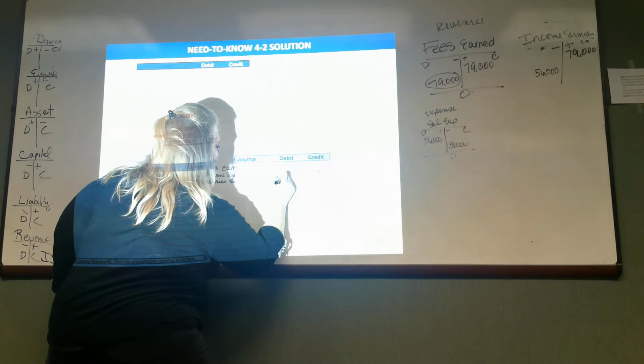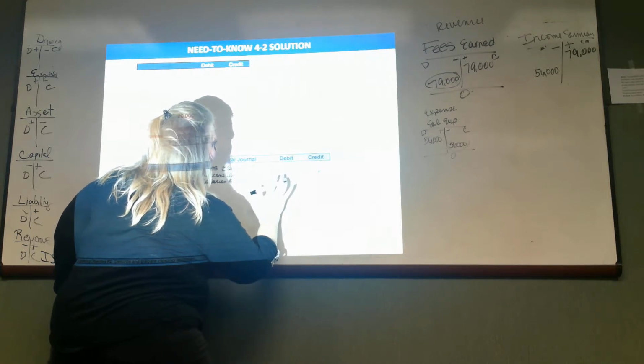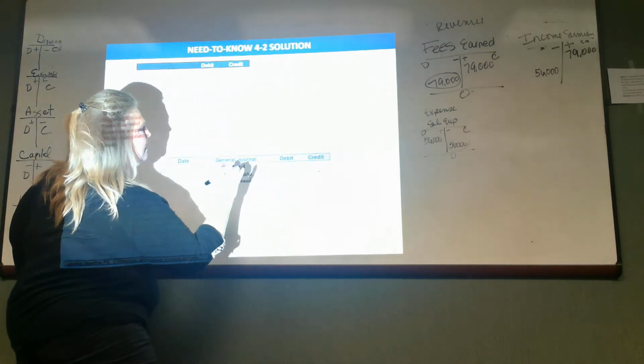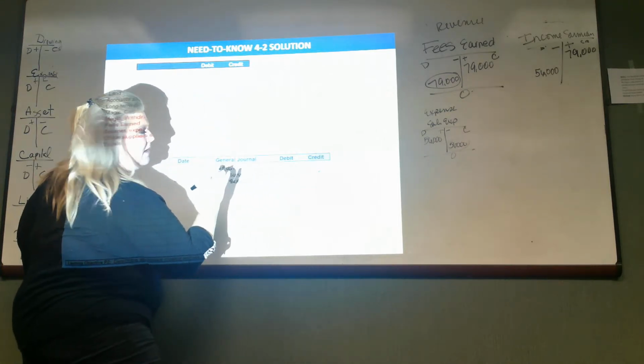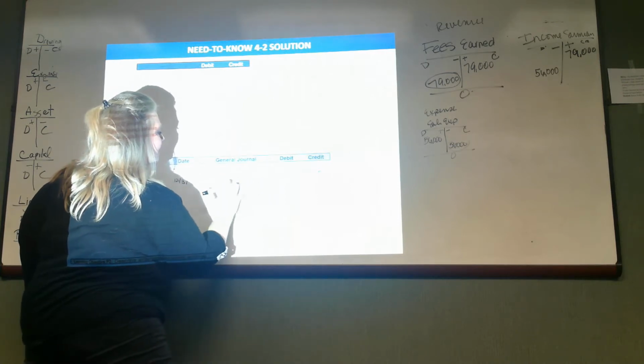You gotta ask yourself what goes first. Debit. And which one is the debit in this particular example? It's gonna be the income summary. Yep, because you did, remember?